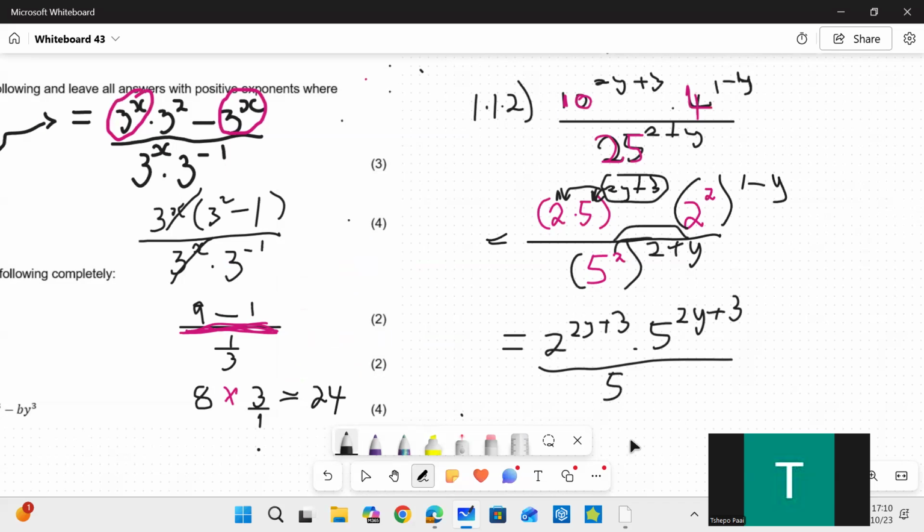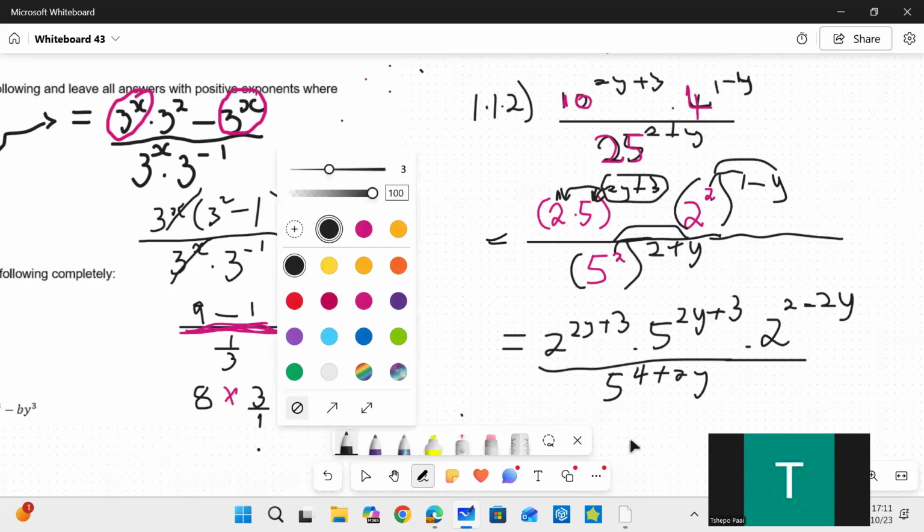So it's 5 to the exponent 4, 2 times 2 is 4, 2 times y plus 2y. Let us not forget this one multiplying out there. 2 times 1 is 2. 2 times minus y is minus 2y. Let's use colors again.